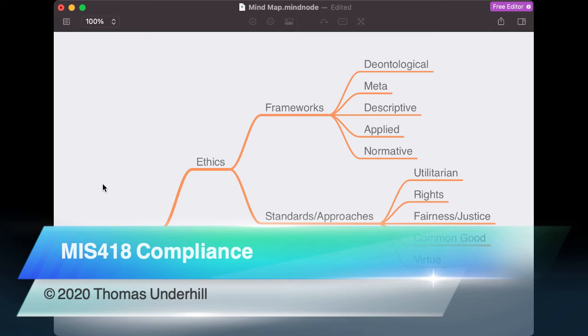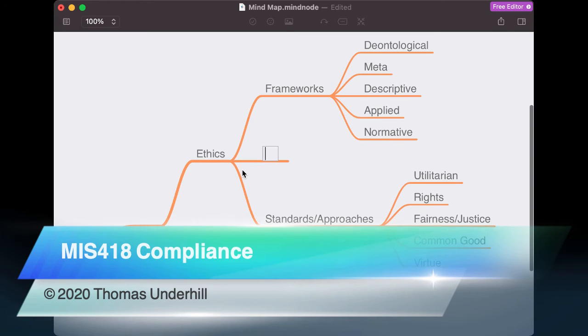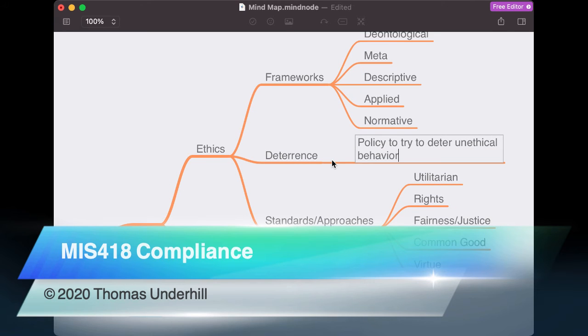So we might have a policy that tries to deter unethical behavior. All right, but we may or may not be successful with that.